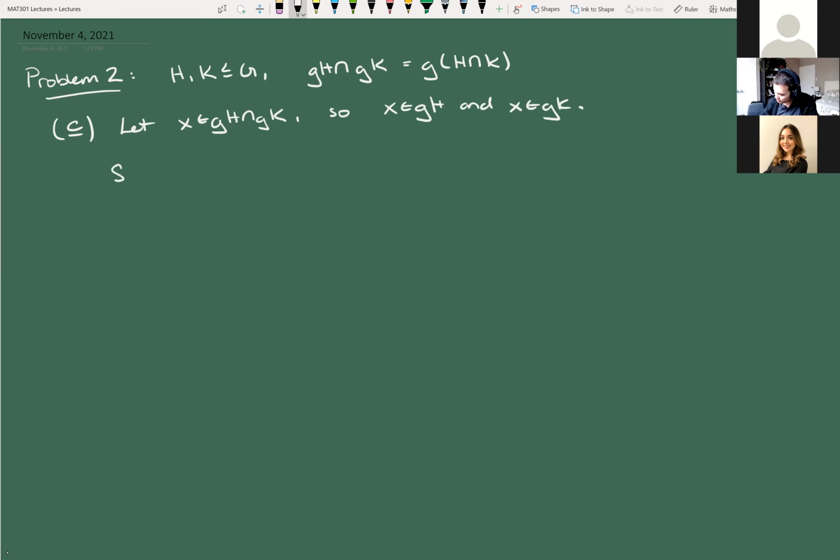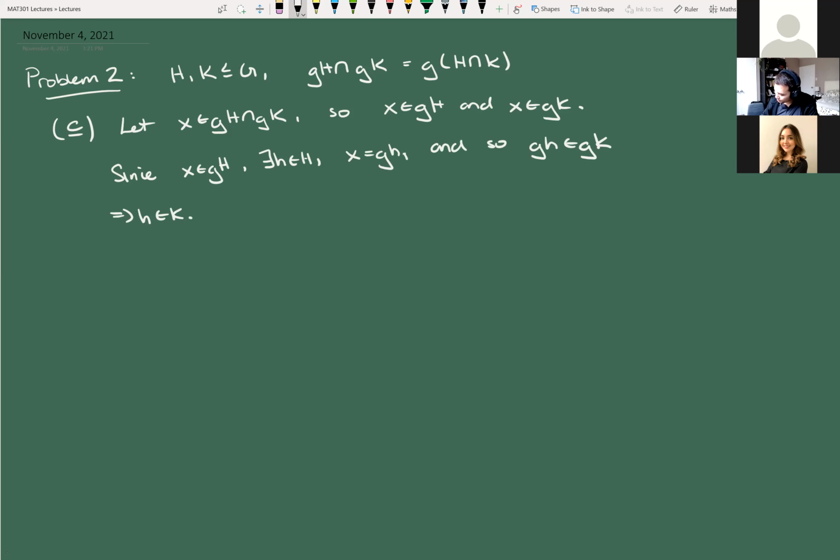Since X is in gH, there exists an h in H such that X equals gh. But X is also in gK, and so that means gh is in gK, which in turn implies that h is in K.